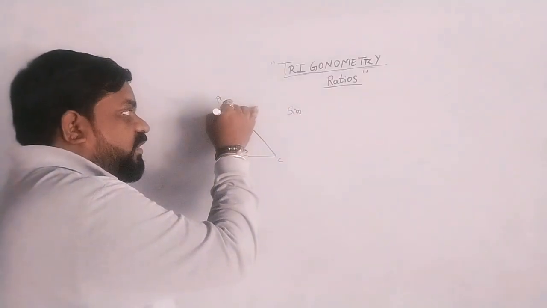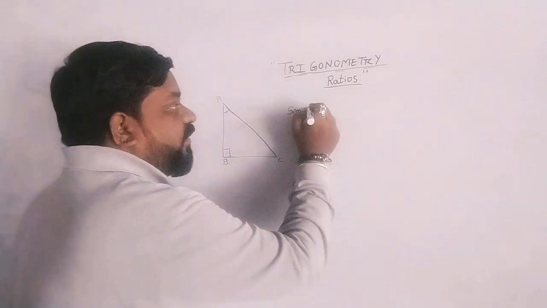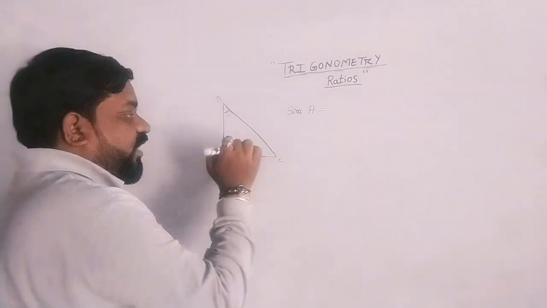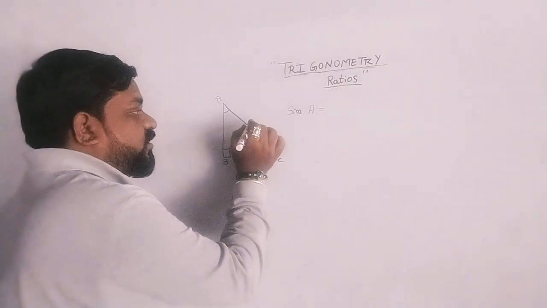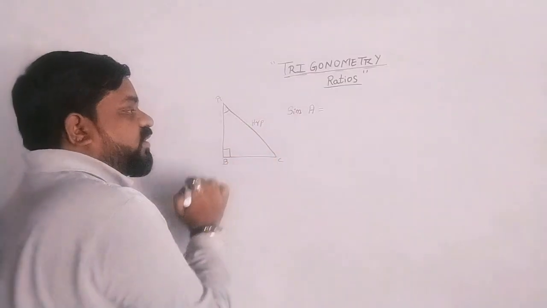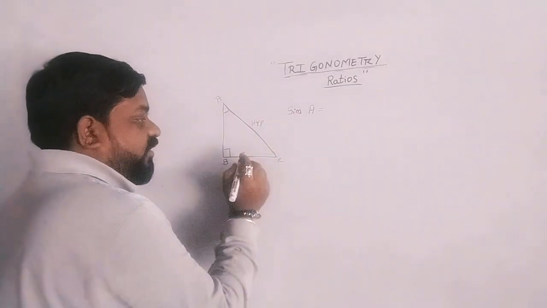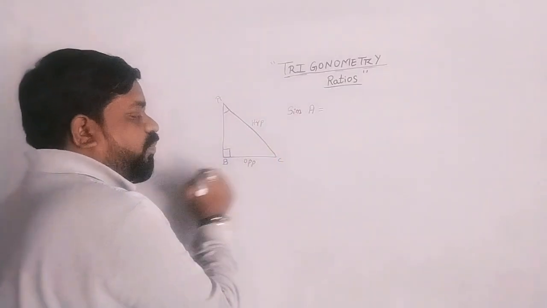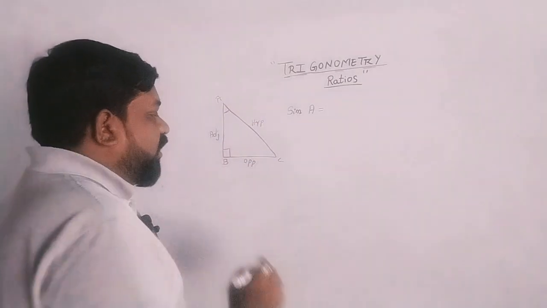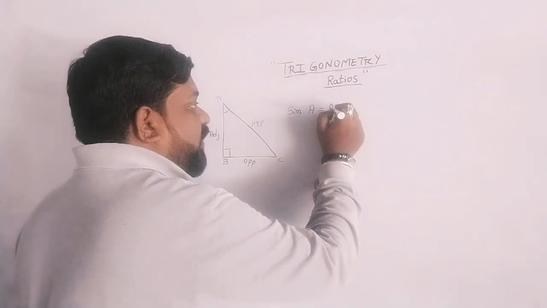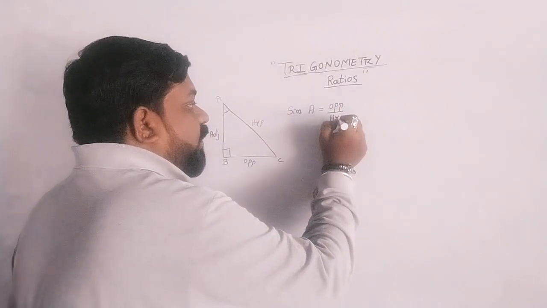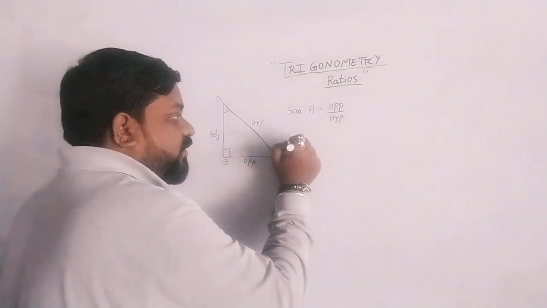I will mark the reference angle as A and we will write it as sin A. Now write the sides for this. Opposite to the 90 degrees we call the hypotenuse side, the side opposite to the reference angle we call the opposite side, and the other side is adjacent. Now sin A can be written as opposite by hypotenuse.